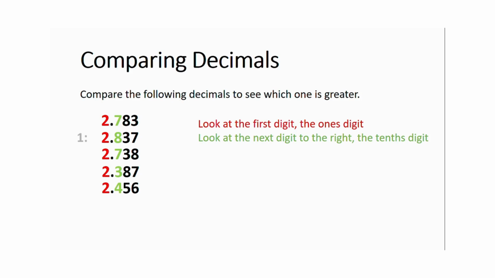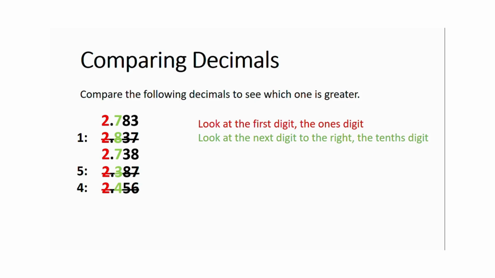Of those numbers, I know that 8 is the biggest, so that's the first one. 3 I know is the smallest, so that's the fifth one. Then between 7, 7, and 4, I can't decide between 7 and 7, they're equal. But 4 is smaller than 7, bigger than 3, so this is the fourth one.